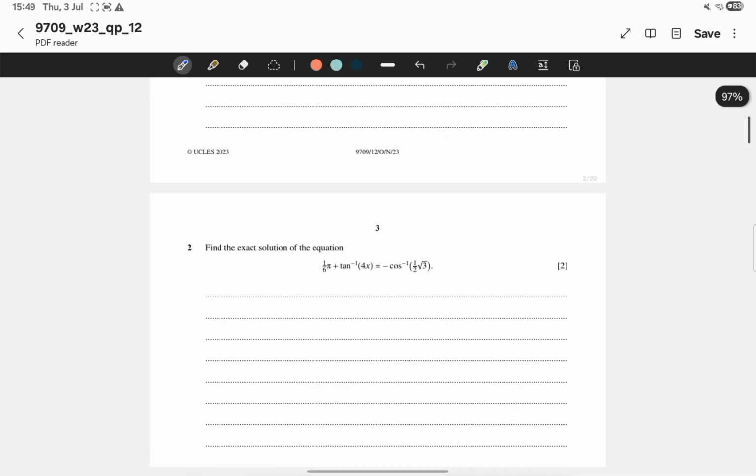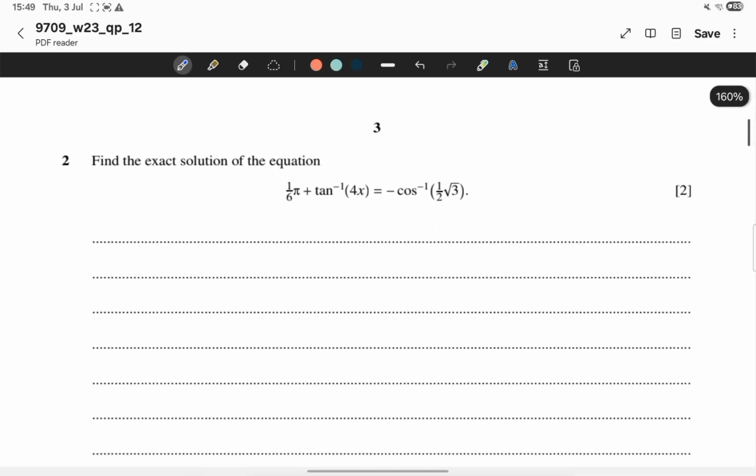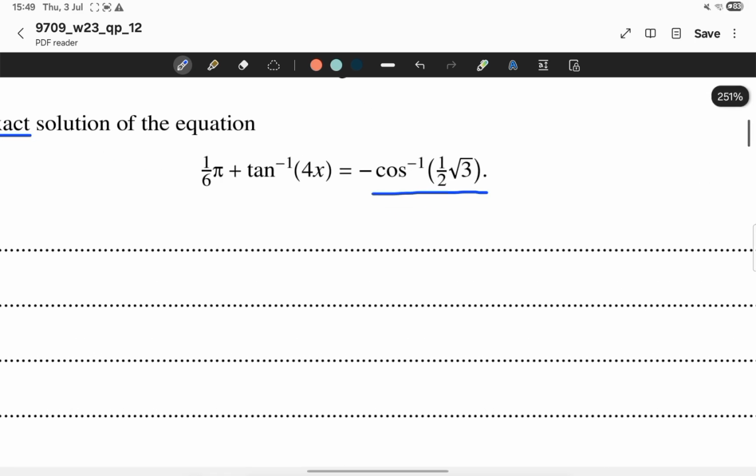Moving on to number 2. Find the exact solution of the equation; we want the exact solution. If you look at the right hand side, we can simplify it using our calculators, and if we punch that in, it will give us -30.